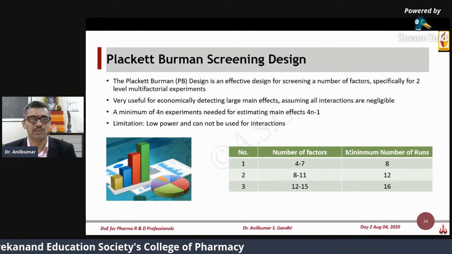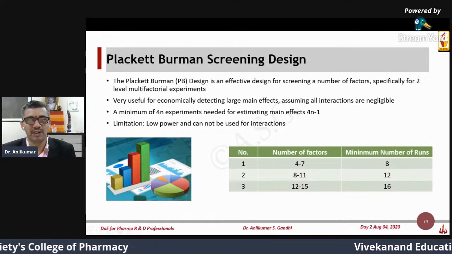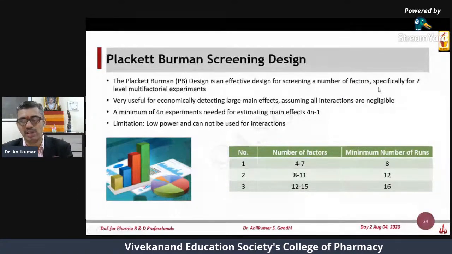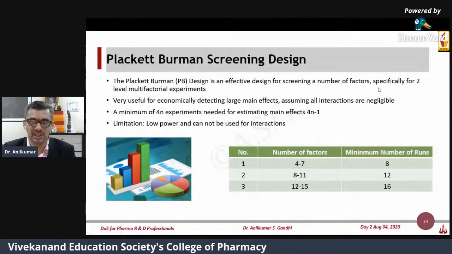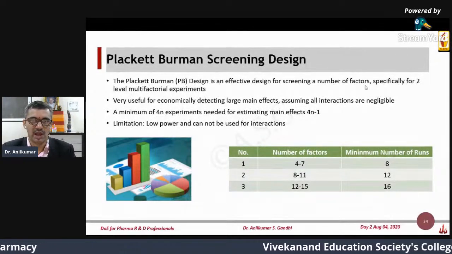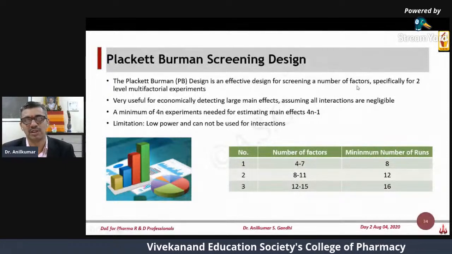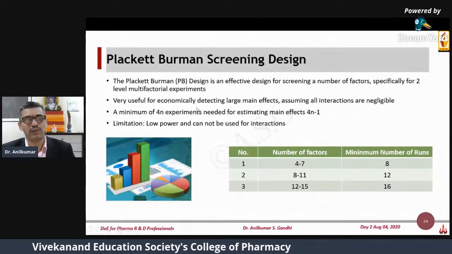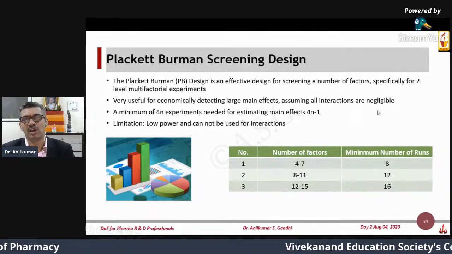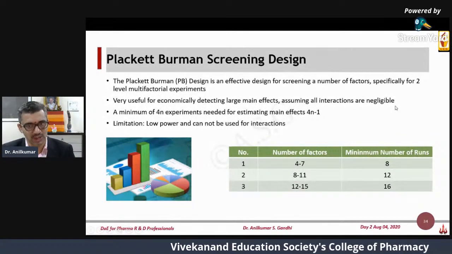So Plackett-Burman is an effective design for screening a number of factors, but at 2 levels. So you generally don't use 3 levels, and in any case, for screening, you don't want to go for 3 levels. So Plackett-Burman is good for the screening. It is very useful for economically detecting large main effects, assuming all interactions are negligible. So these words are very important.